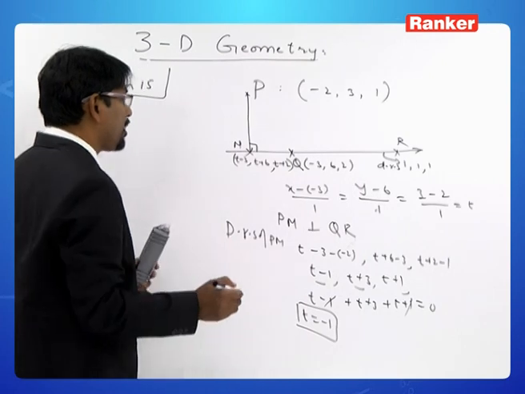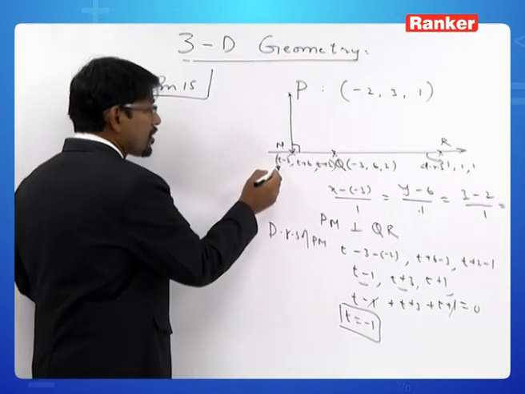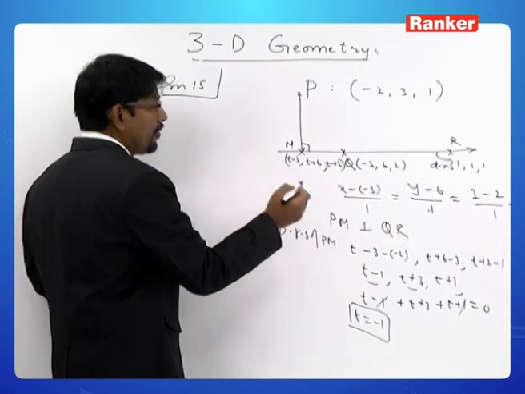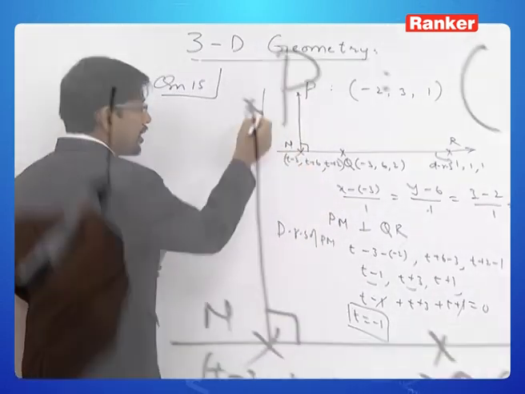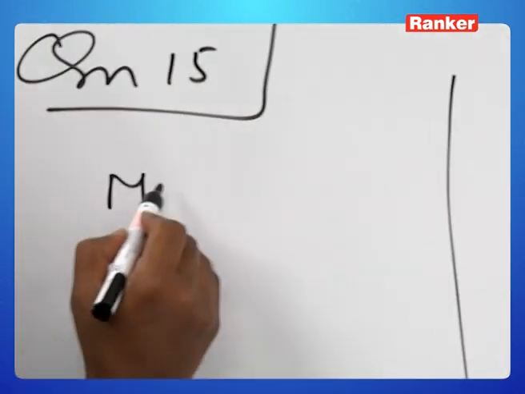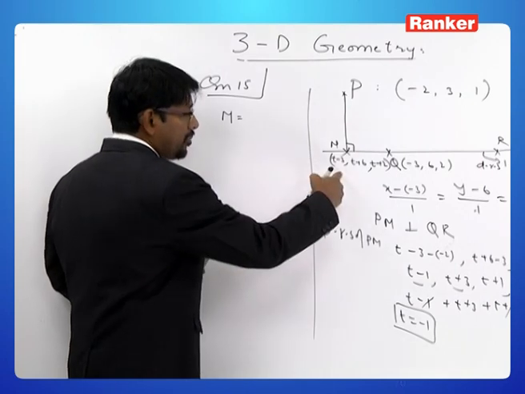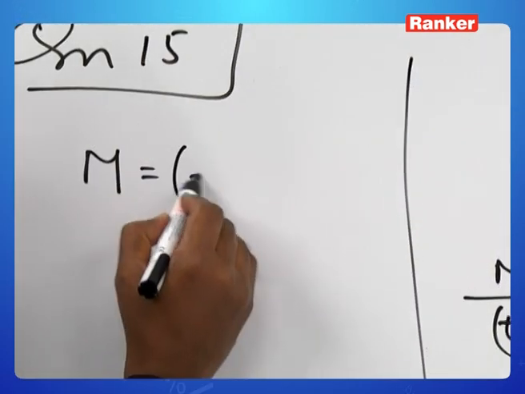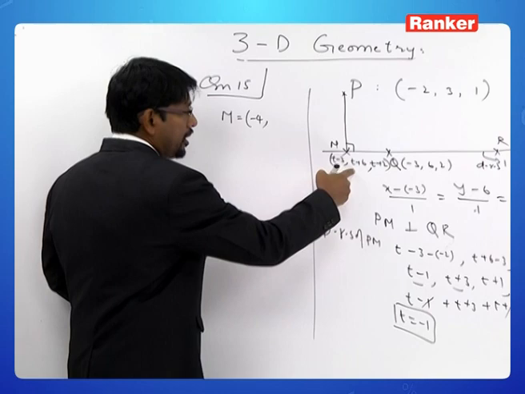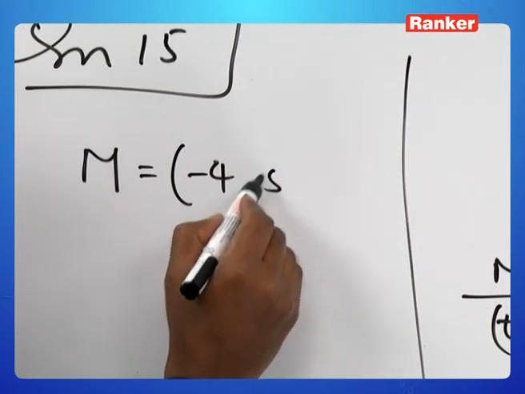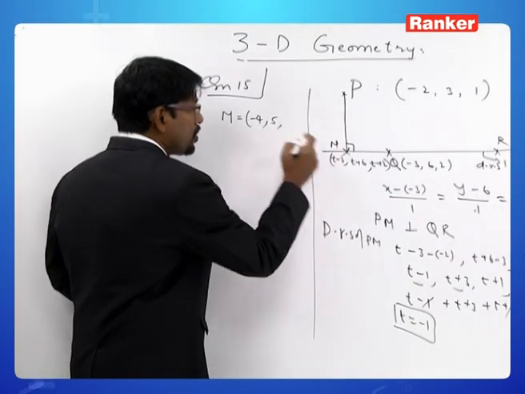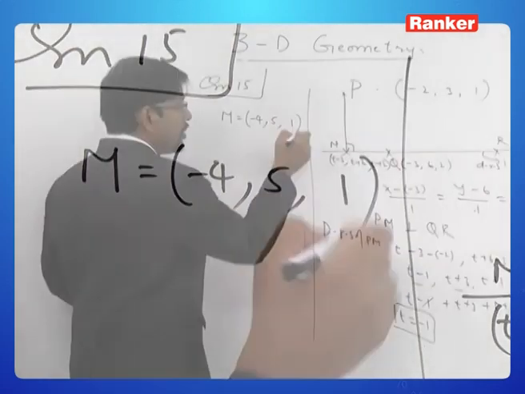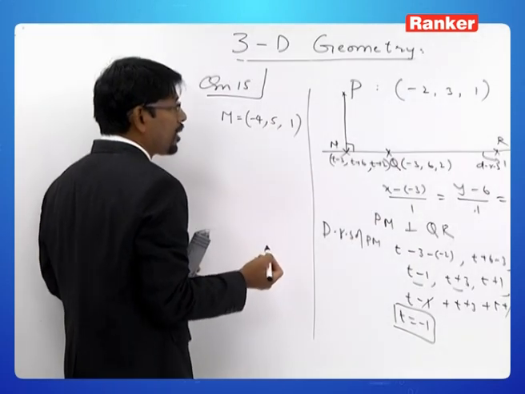So we get the coordinates of M: t minus 3, so -1 minus 3, so -4; t plus 6, so 5; t plus 2, so 1. M is -4, 5, 1.